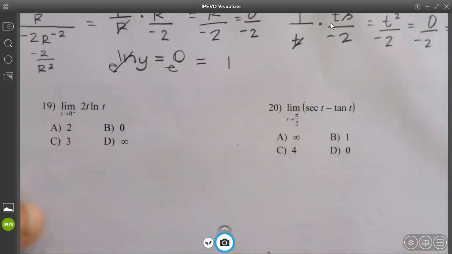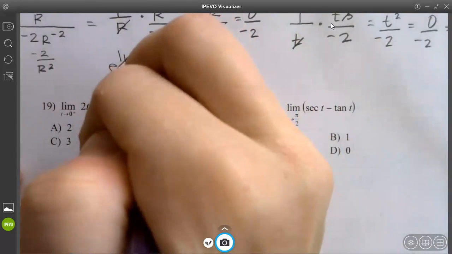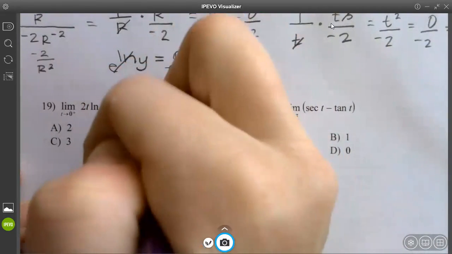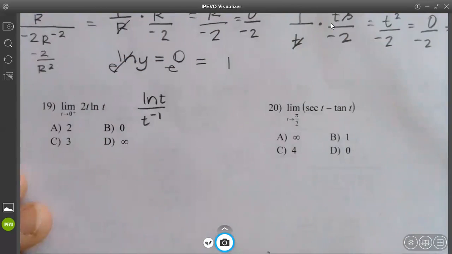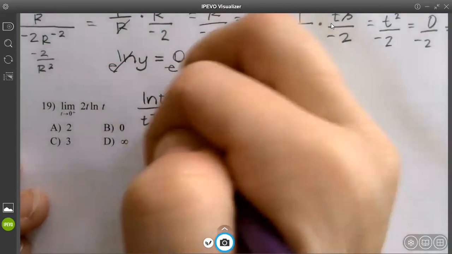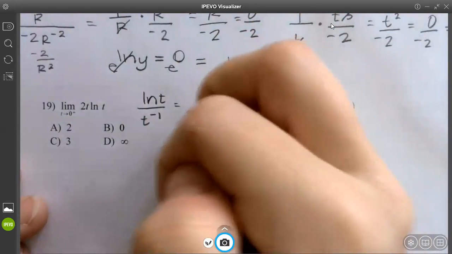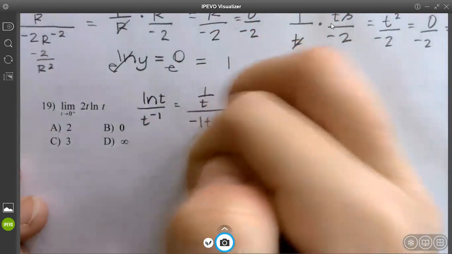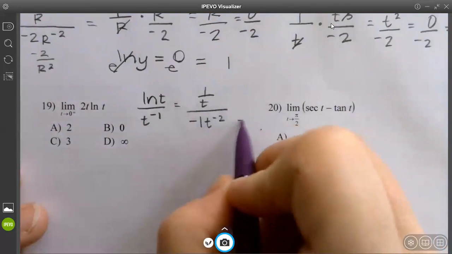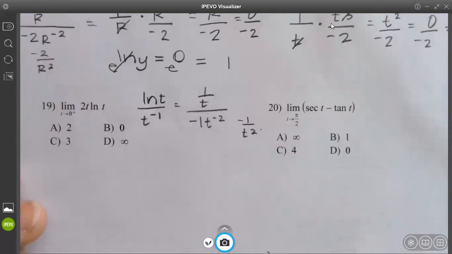All right, 19. ln t over t to the -1. Ignore your 2. Derivative of ln t. Derivative of t to the -1, which is going to be -1 over t squared.